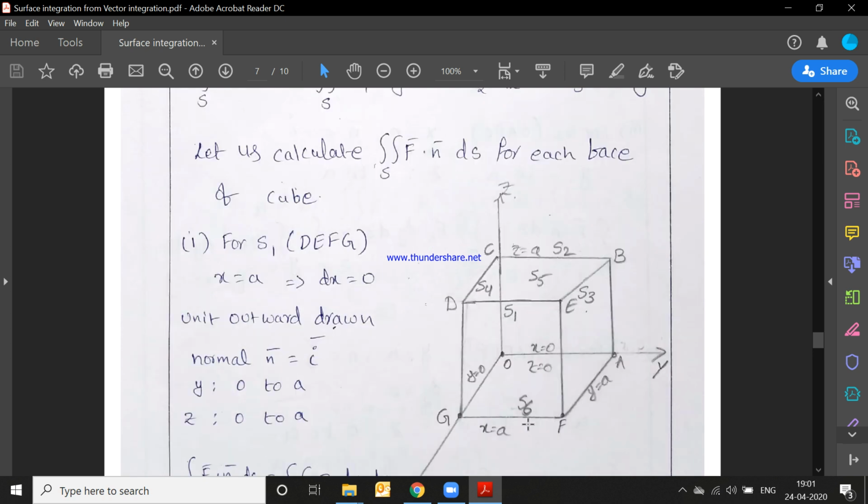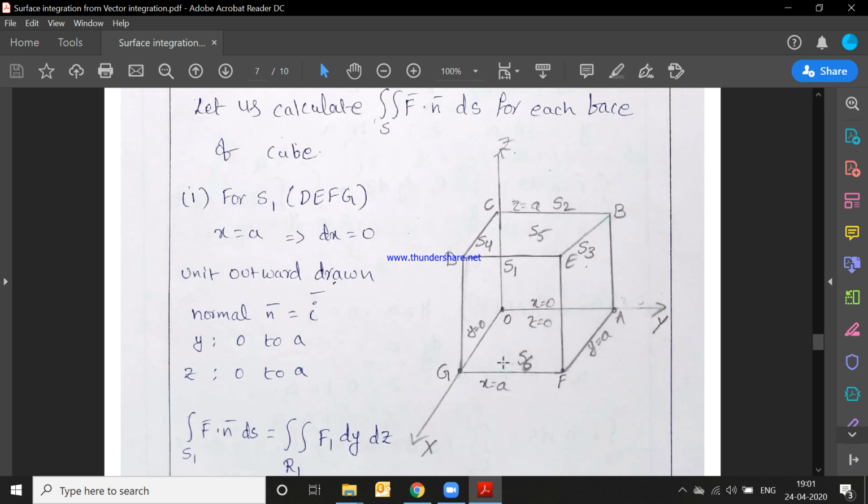In the figure we can identify S1 as the face D, E, F, G. So this surface is at x equals a, and from x equals 0 to x equals a distance, we have a plane, that is surface S1.